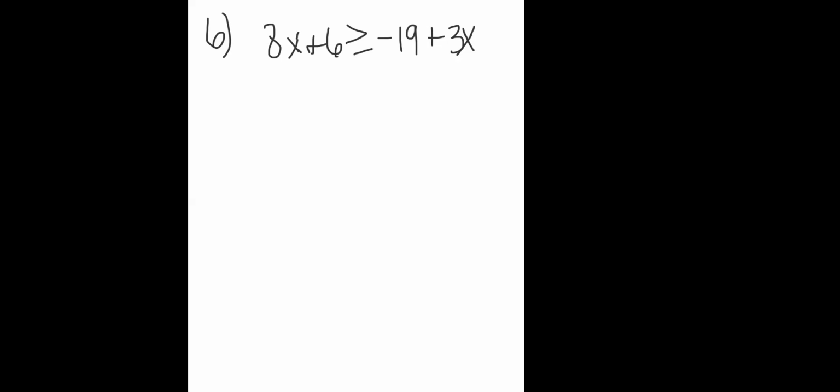And keep in mind, with inequalities, the thing to remember is if we divide or multiply by a negative, you need to flip the inequality.